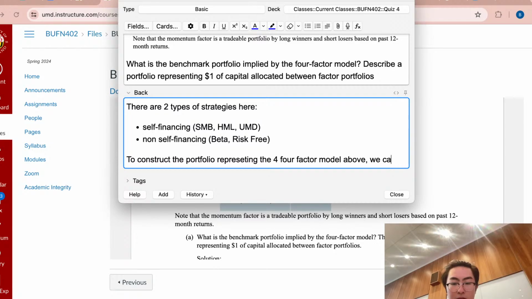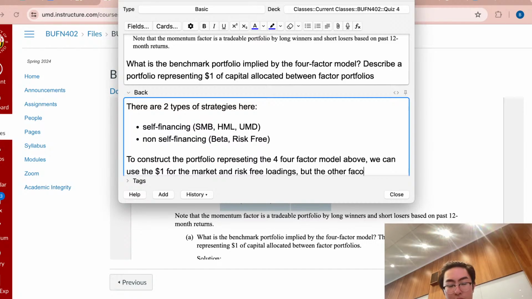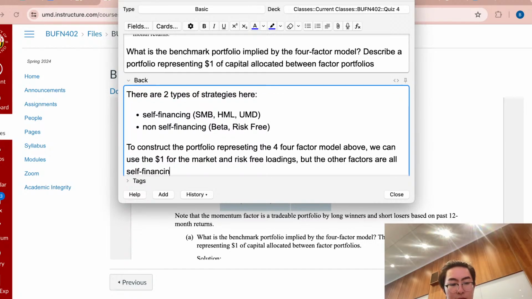You can use the $1 for the market and risk-free loadings, but the other factors are all self-financing.